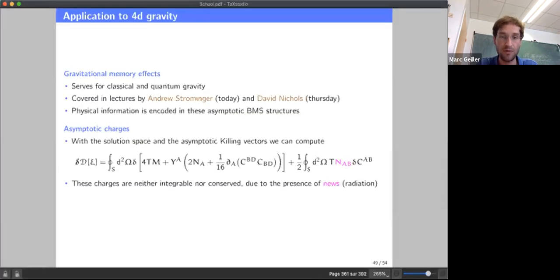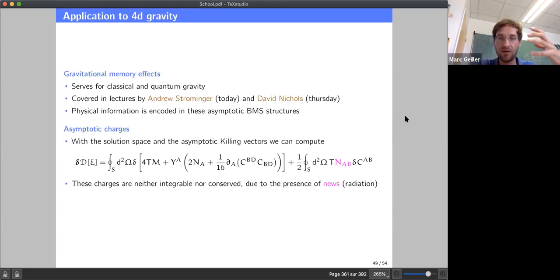The question was asking if there is an analogue of this in 3 dimensions. Well, there is no analogue of the non-integrability, because as we showed, the charges are integrable in 3 dimensions. And they should be, because in 3 dimensions there is no gravitational radiation.